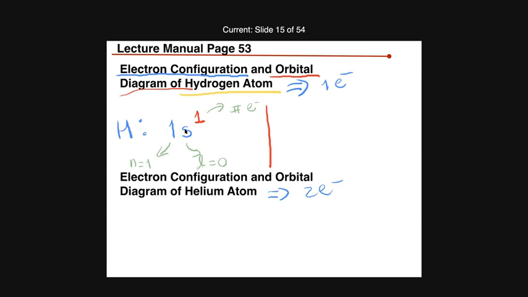For 1s, s represents L equal to 0, and L equal to 0 restricts the value of m sub L to 0 as well. As I mentioned earlier, because we have only 1 value of m sub L, we have just 1 orbital. This is the orbital of 1s.